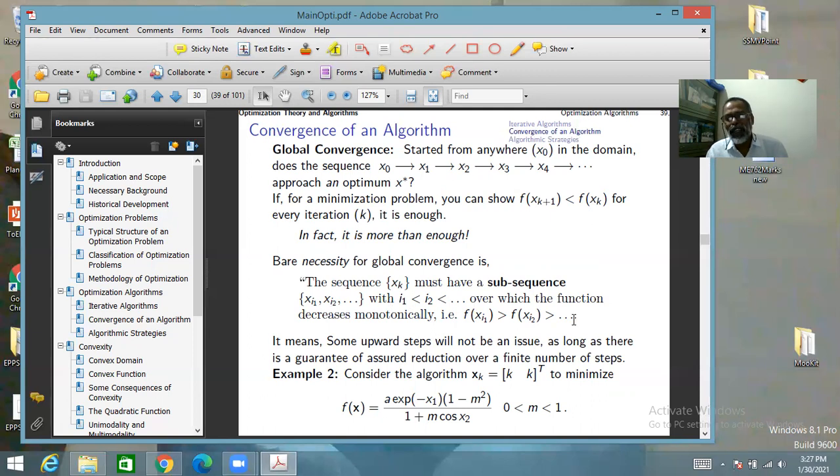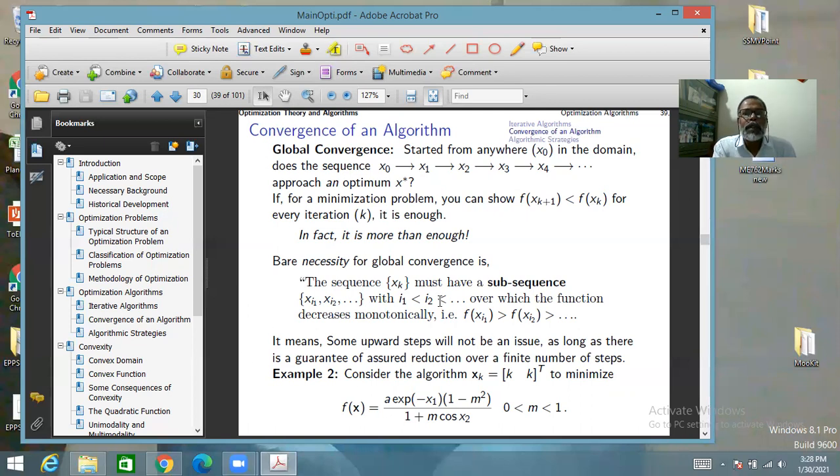That is good enough. In between, even if you have lost a few deals, it doesn't matter. So some upward steps will not be an issue as long as there is a guarantee of assured reduction over a finite number of steps. In every bunch of a finite number of steps, that finite number also may change. It may be 4 steps and then 5 steps and then 19 steps, then 3 steps, then 4 steps, whatever. But if you can show something like that, then that is good enough.